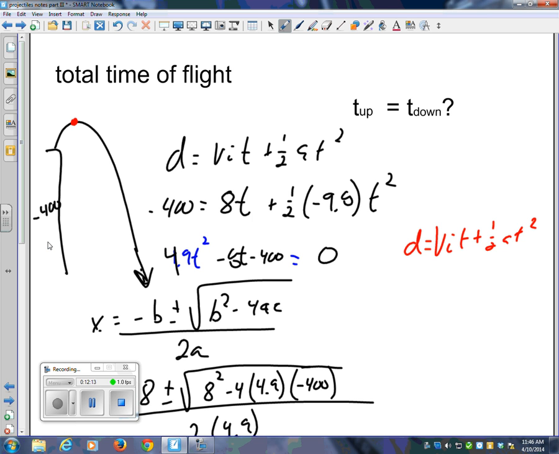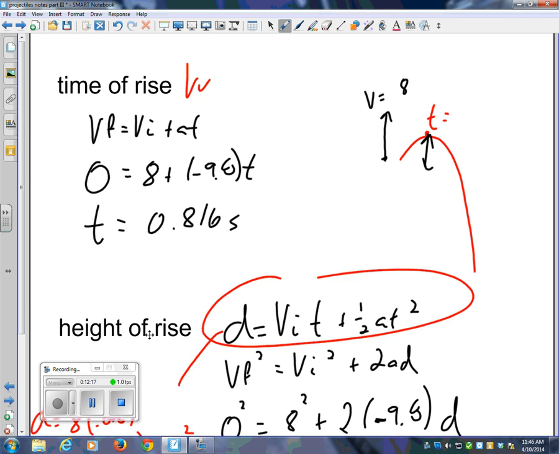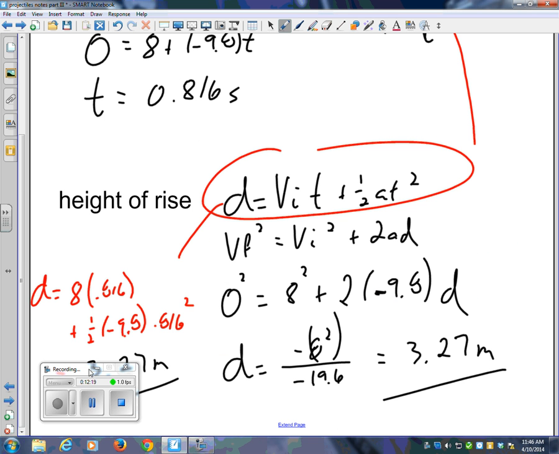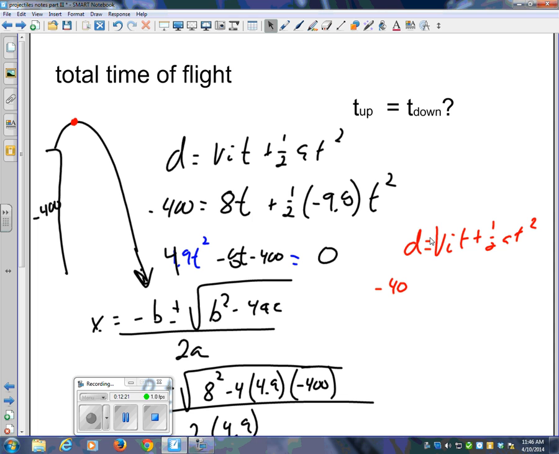Your d is now minus 403.27. We're talking about just the fall, so the initial velocity is 0, minus 1 half minus 9.8 t squared, right?